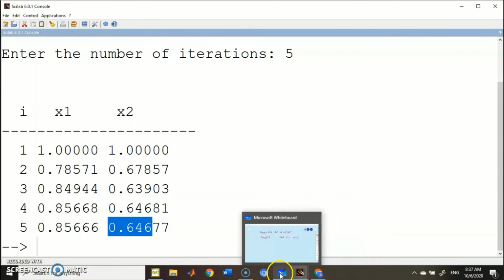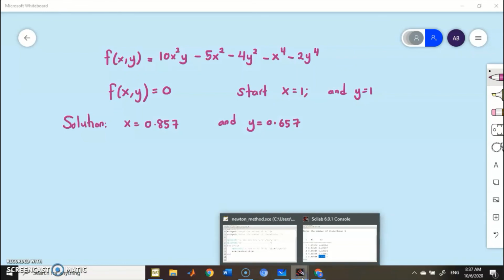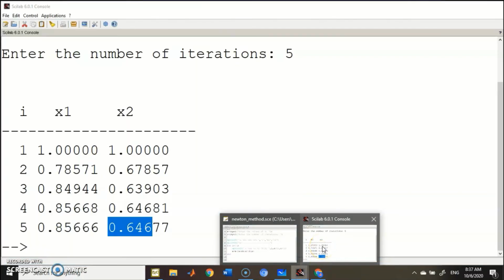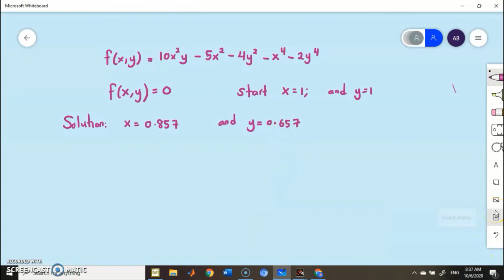So you have obtained your solution x equals 0.857 and y equals 0.657. Okay, so that's your final answer. So 647. Sorry, let me just change it. 647, not 657. Okay, so that's the final solution you have obtained.